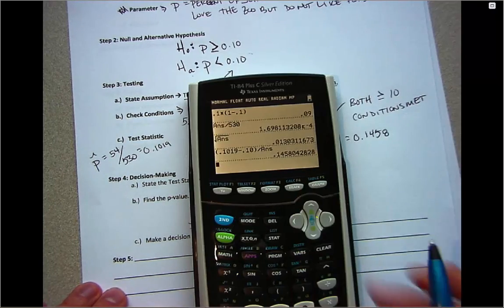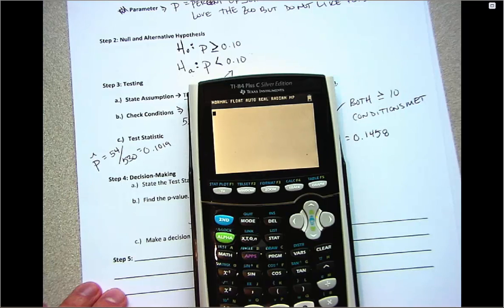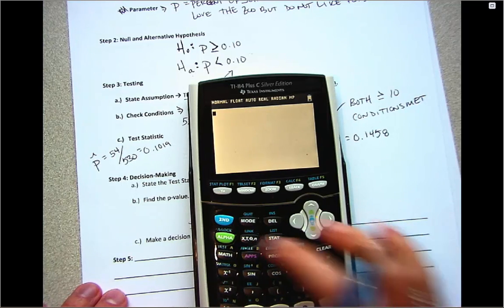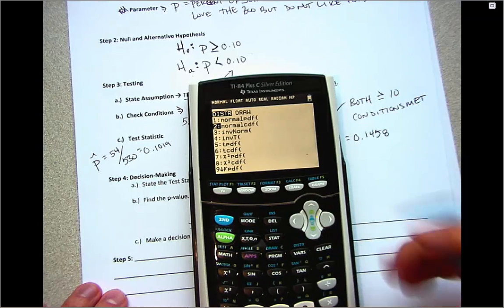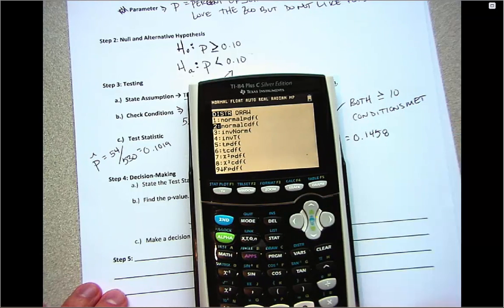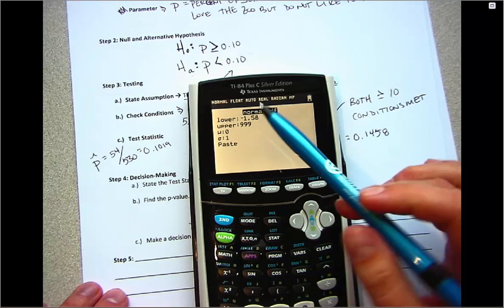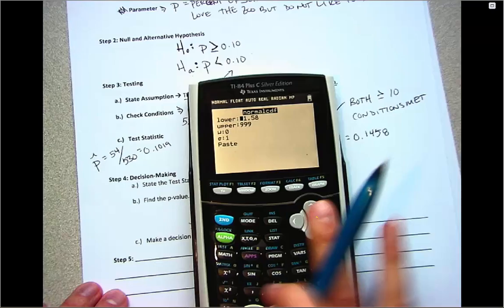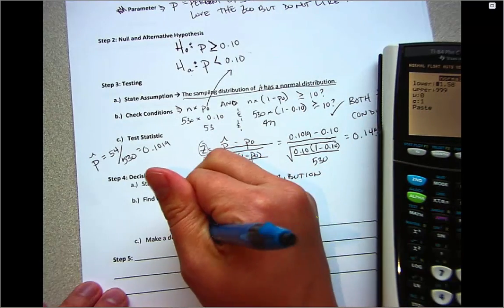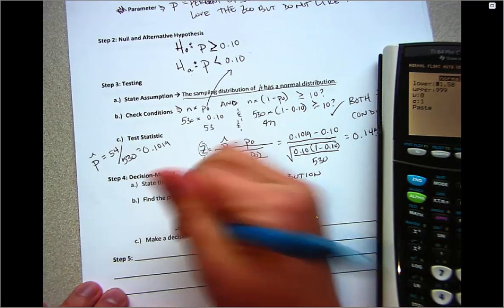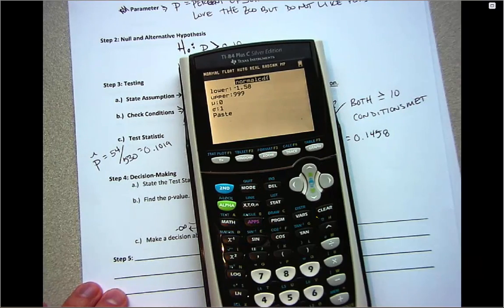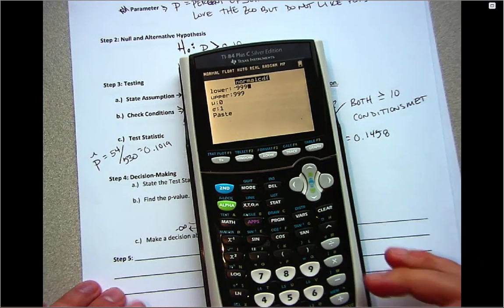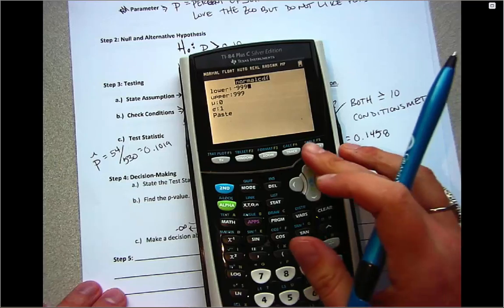So when you find a p-value with the calculator, you're going second and then vars. And you want the normal CDF. So we're on the normal distribution, so we're using normal CDF. Technically our lower bound here, if you remember, is negative infinity. And because the calculator can't handle negative infinity, we're going to type in negative 999.